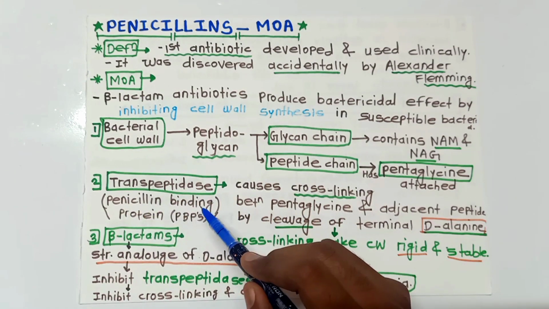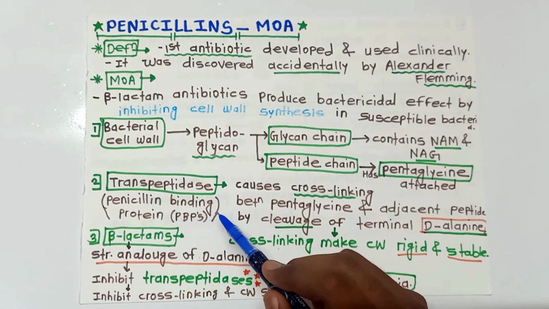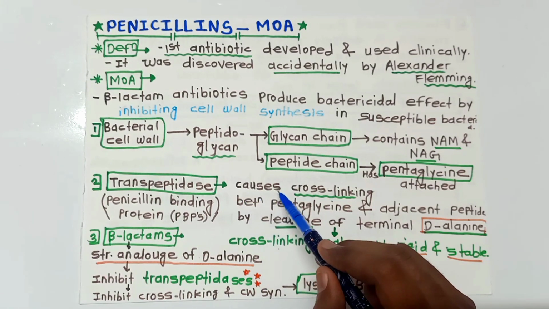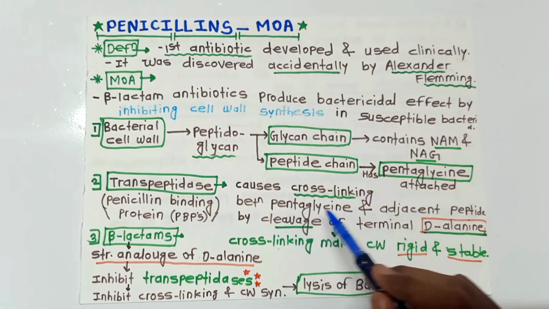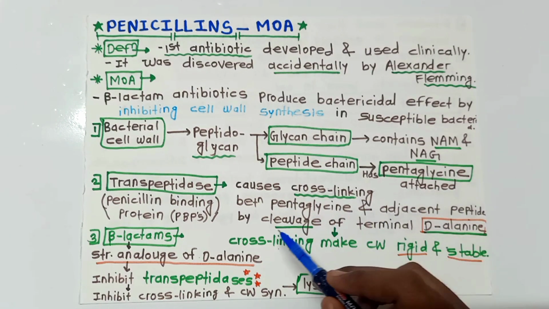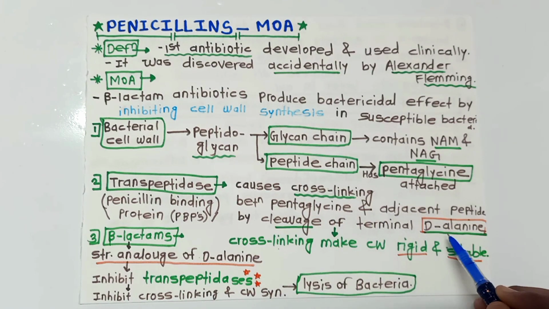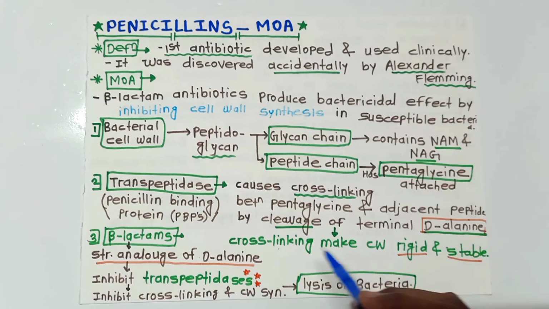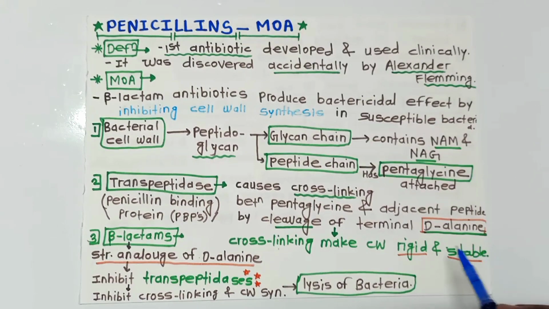These are penicillin binding proteins, PBPs. They cause cross linking between this pentaglycine and the adjacent peptide chain by cleavage of the terminal D-alanine group. This leads to cross-linking, and cross-linking makes the cell wall (CW) rigid and stable.